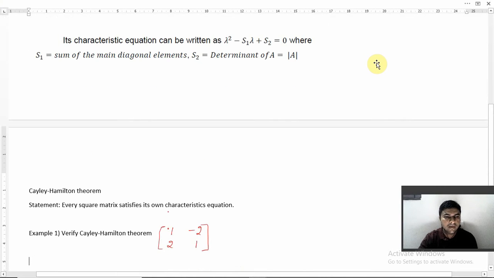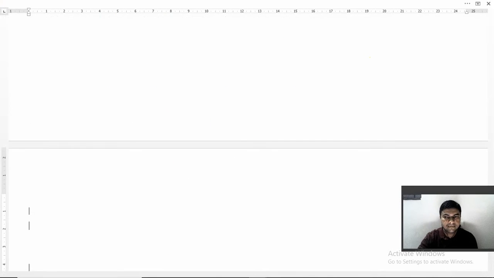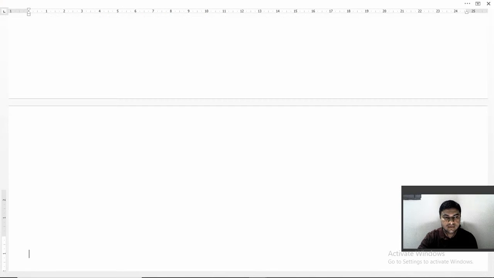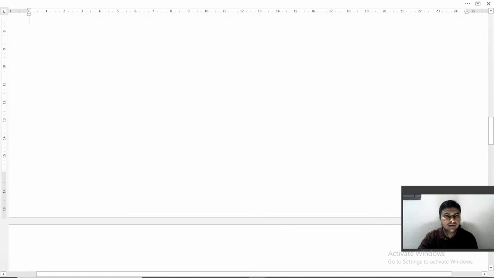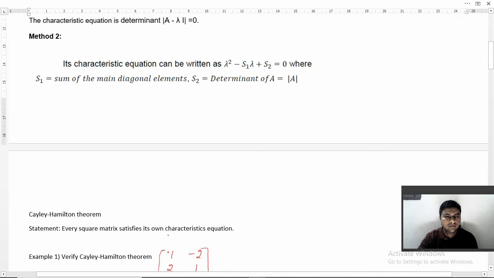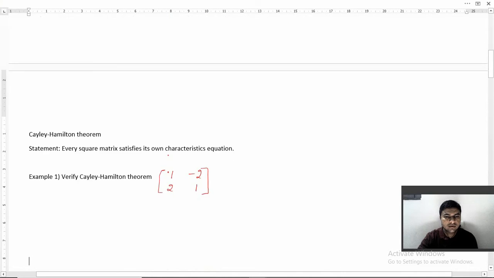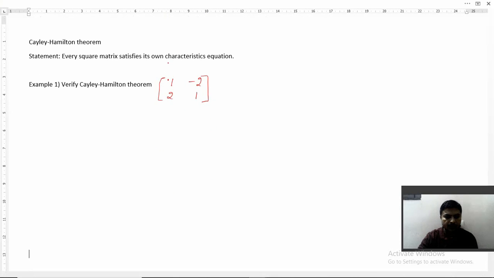Okay. Just go down. So please write down the question students. Verify Cayley-Hamilton theorem. So this is the example 1. So very simple example they have given here students.